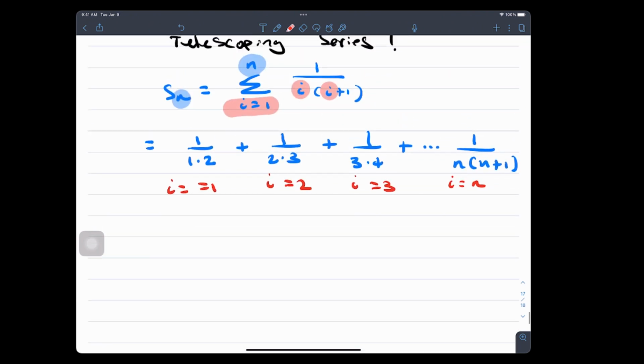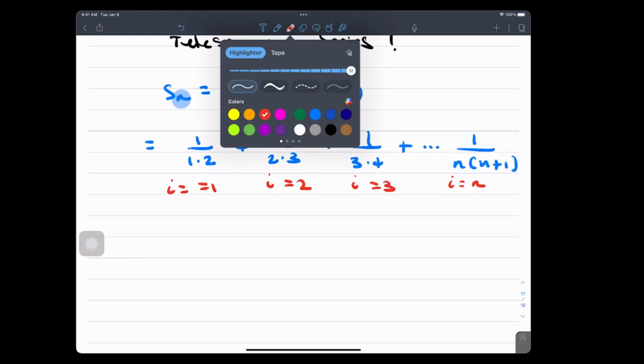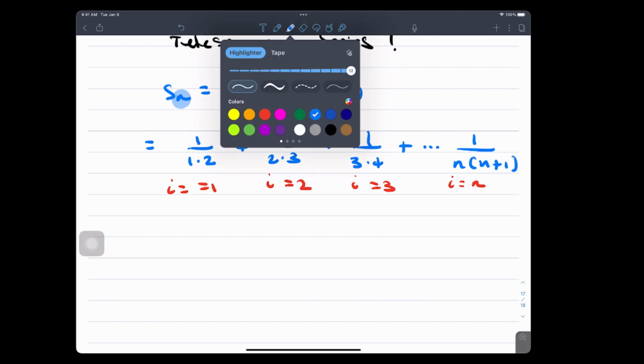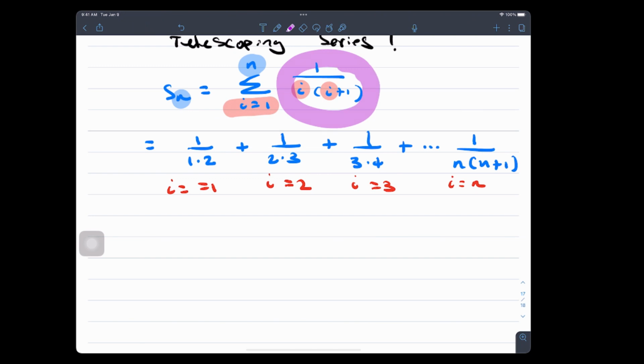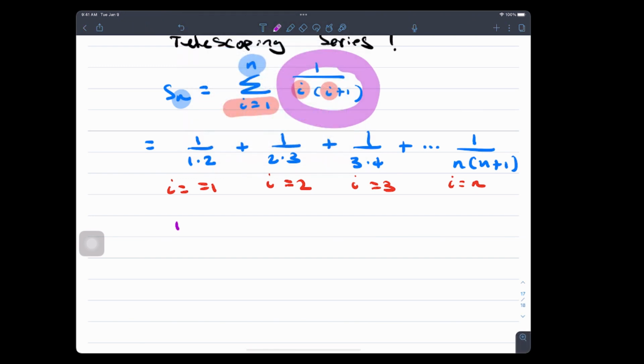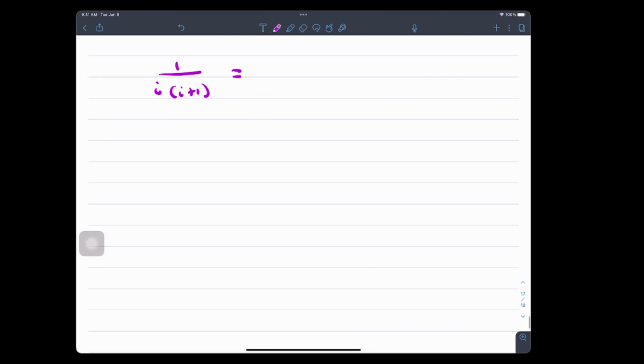However, go back over here. Here's what I want you to do. You see this right here? Isn't it true that I can write the same exact terms? 1 over i times i plus 1 equals 1 over i minus 1 over i plus 1.